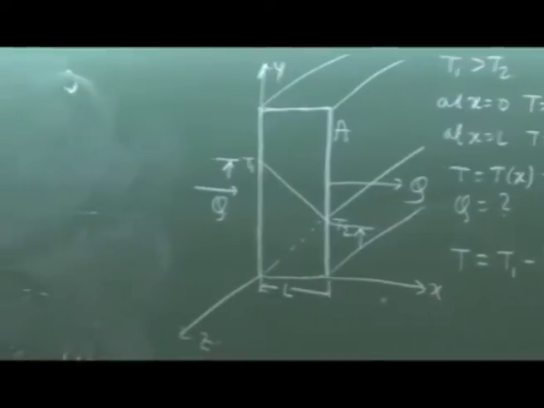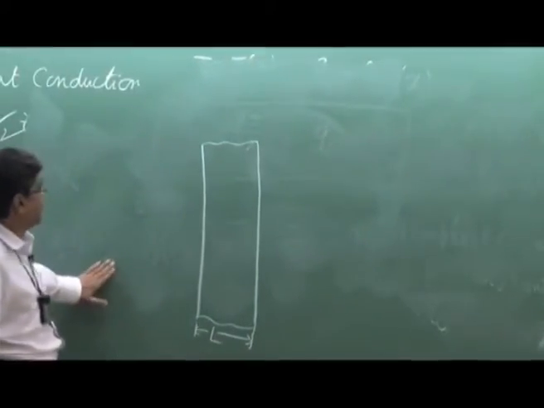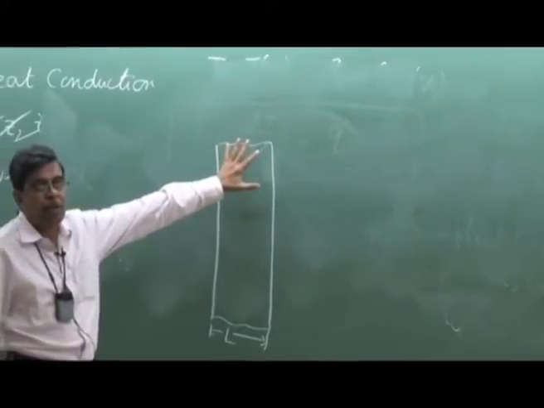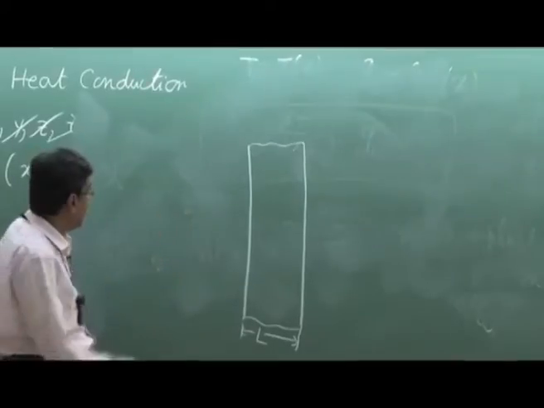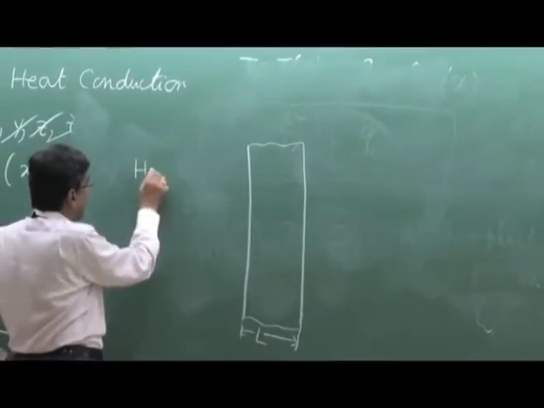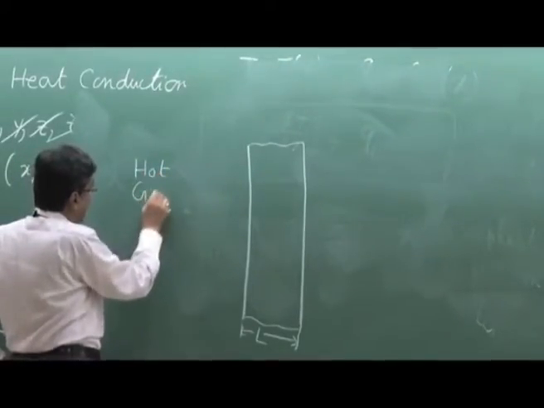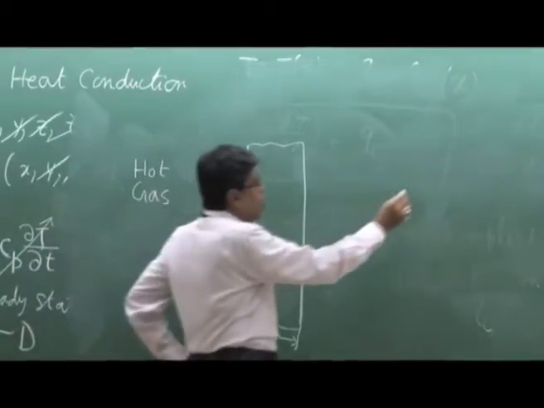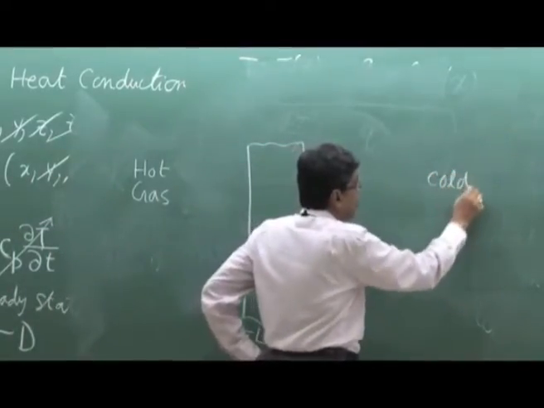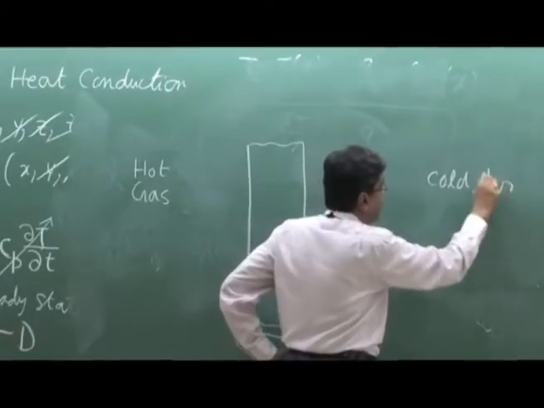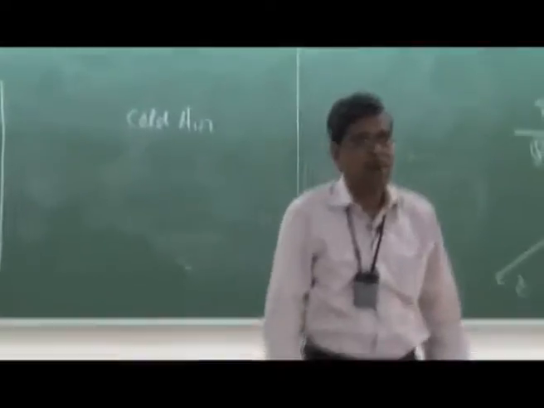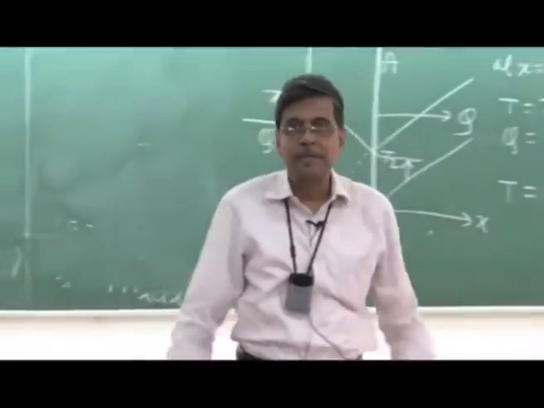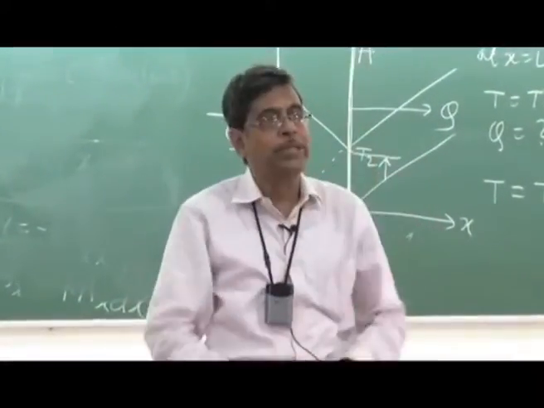But here this problem is sometimes specified like this, a practical problem. A slab is exposed on one side to a hot gas and another side cold air, which is a very, very popular problem. Consider the wall of a furnace. It is other way in case of wall of a cold chamber.